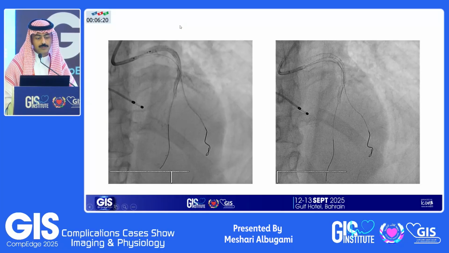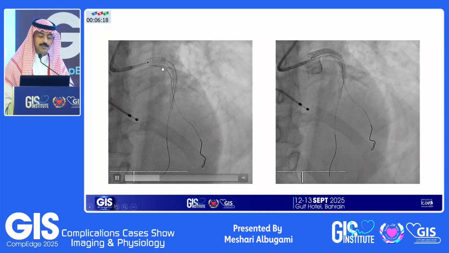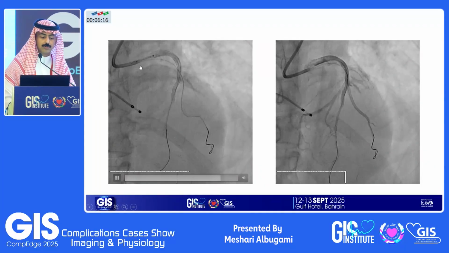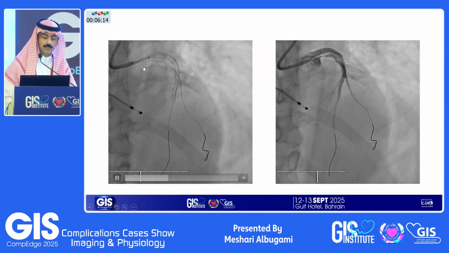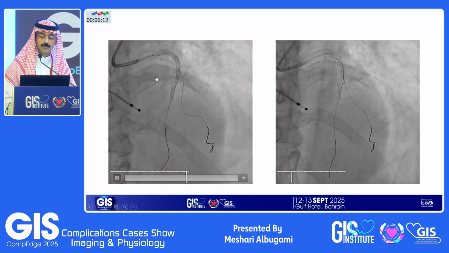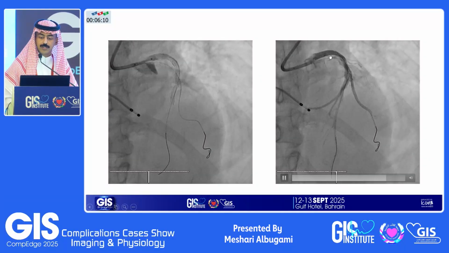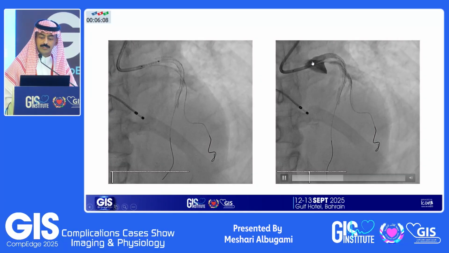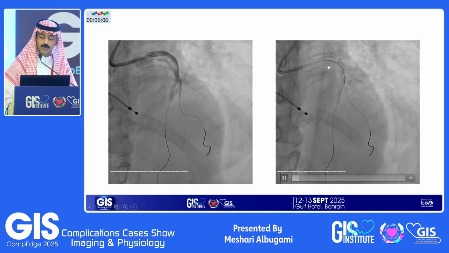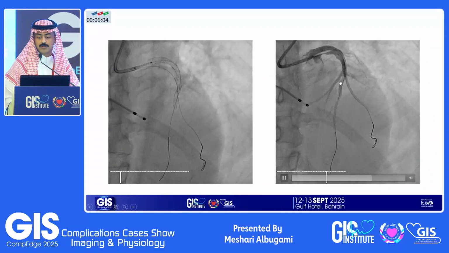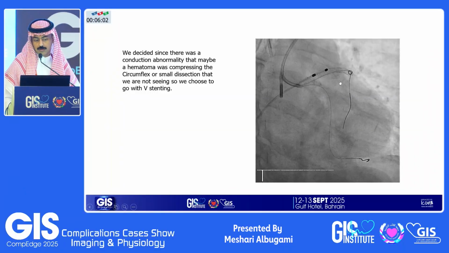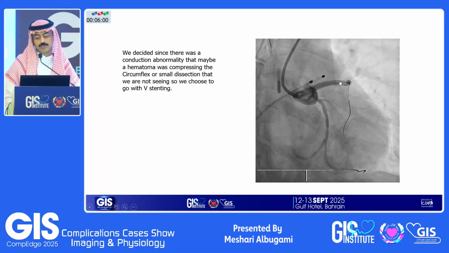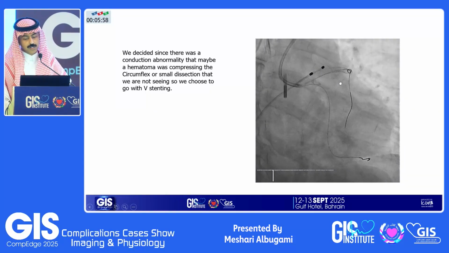So we proceeded to deploy a third stent to the proximal or ostial LAD, as you can see here in this picture. And if you can see from the cranial view, there was a hematoma compressing the proximal flow to the circ. So we decided to proceed with a V-stenting strategy.